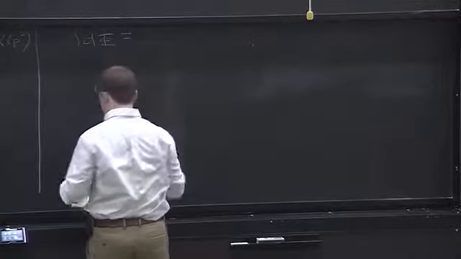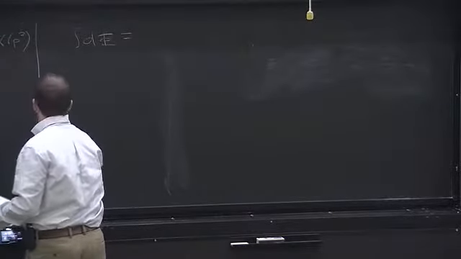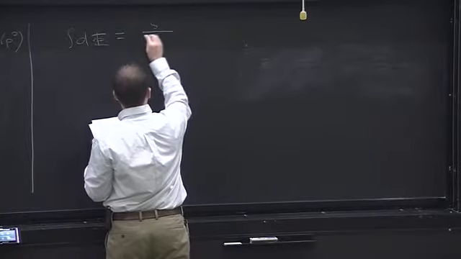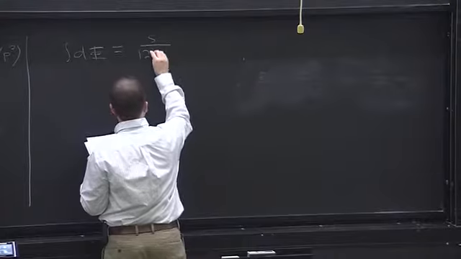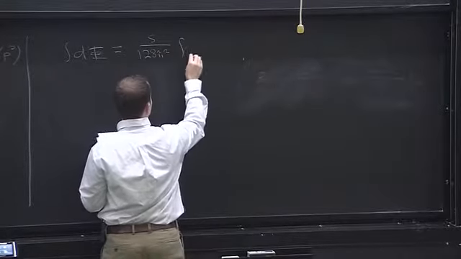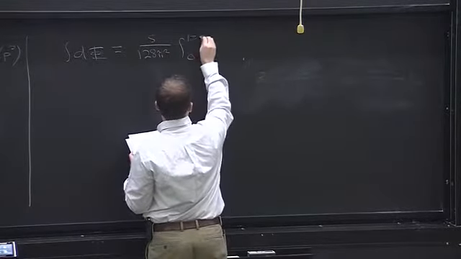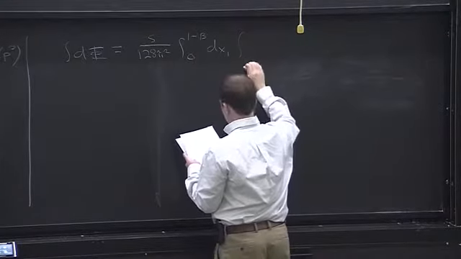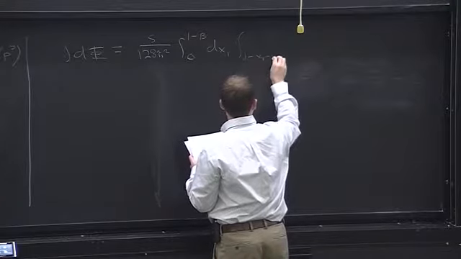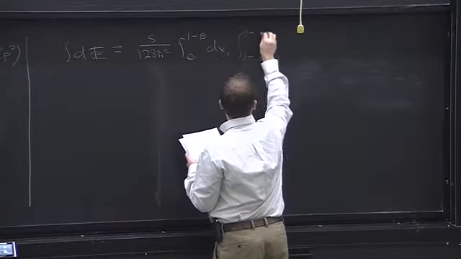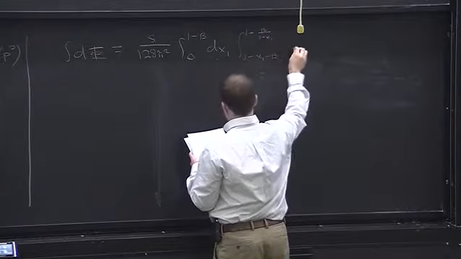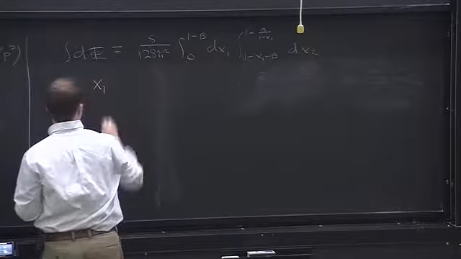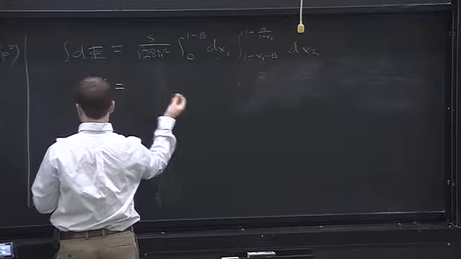And what you found is that the phase space was s over 128 pi squared times an integral from 0 to 1 minus beta dx1, integral from 1 minus x1 minus beta to 1 minus beta over 1 minus x1 dx2, where the x's could be written in two ways.